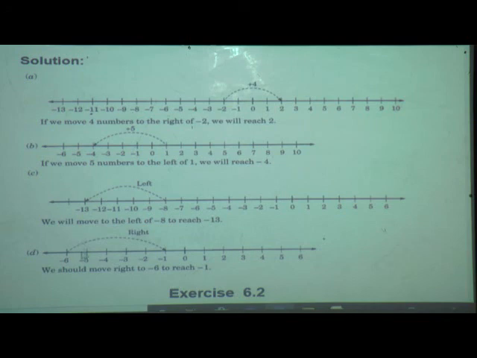How many points do we have to move? 1, 2, 3, 4, 5. So we should move 5 steps towards right to reach -1 from -6. So the answer is given here. We should move right of -6 to reach -1.